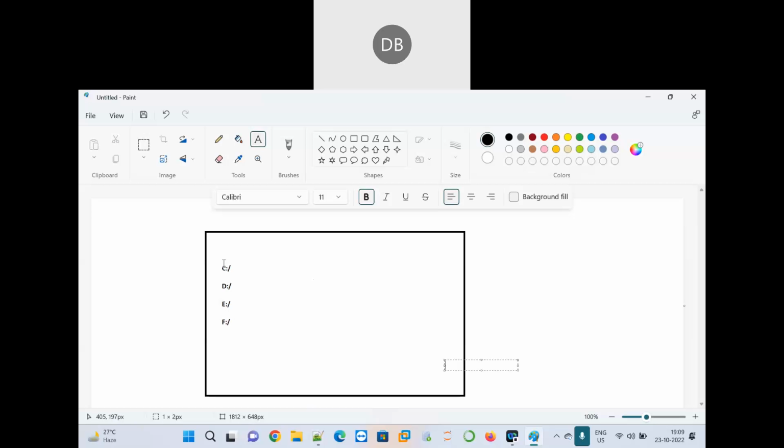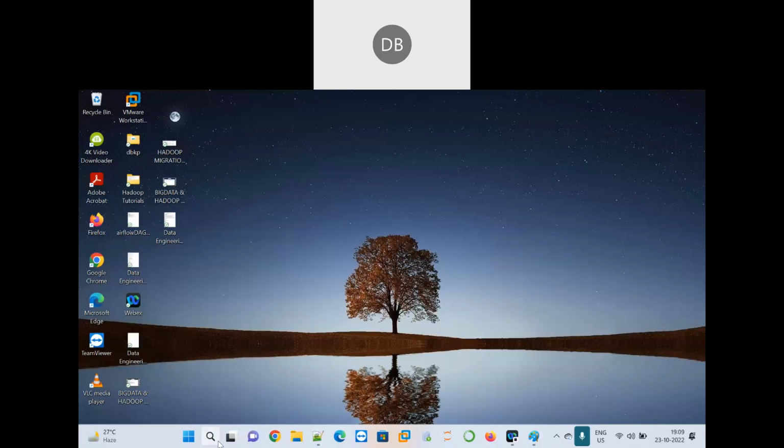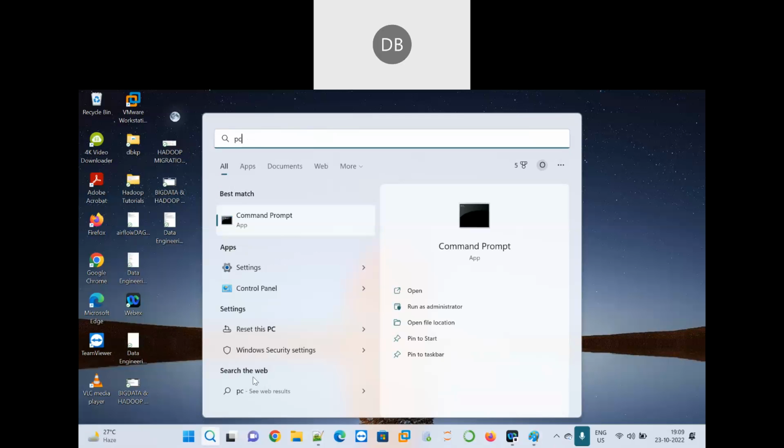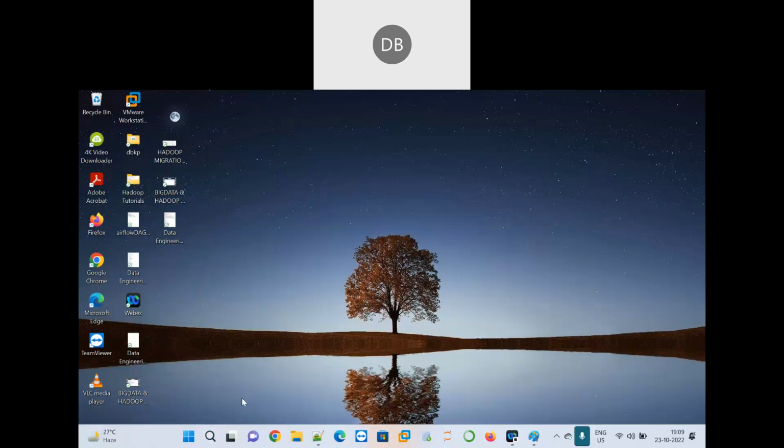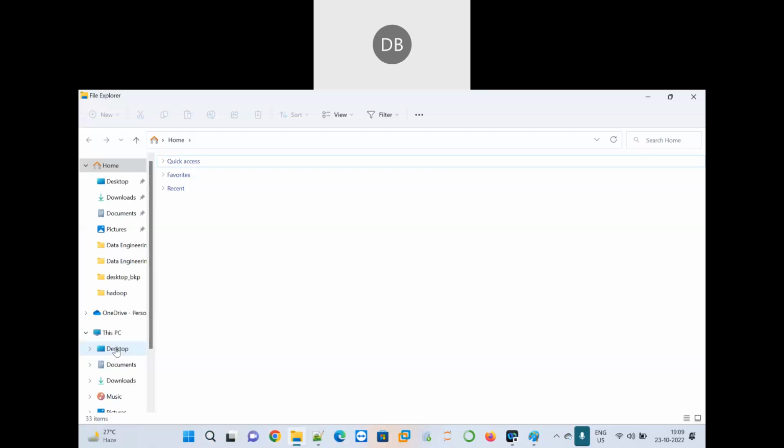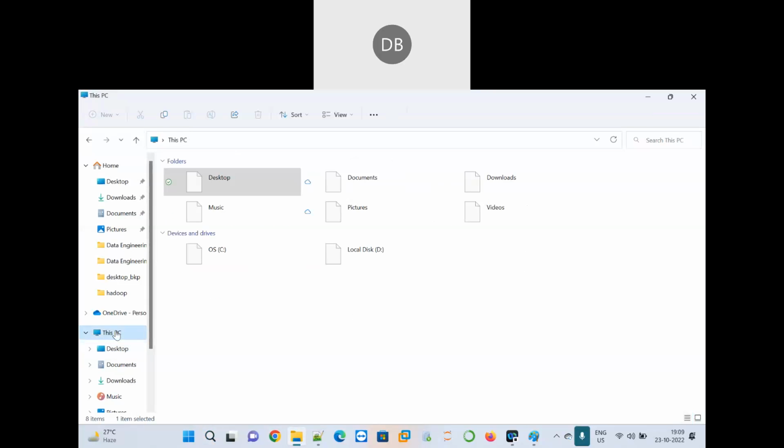So what are the advantages of local file system? Any idea? Let me show you my PC. Let me go to my desktop. Okay, you'll see here how many partitions I have done.